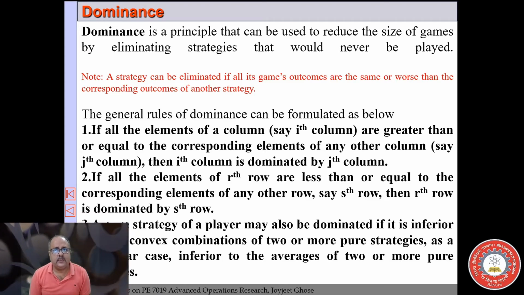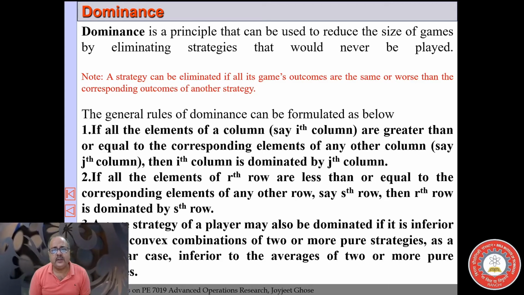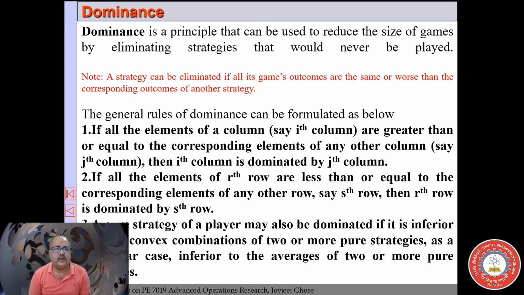Okay, so the rule of dominance, as it states, has basically three fundamental rules. The first rule says that if all the elements of a column, let's say the ith column, are greater than or equal to the corresponding elements of another column, let's say the jth column, then the ith column is dominated by the jth column. Now it is very common sense.